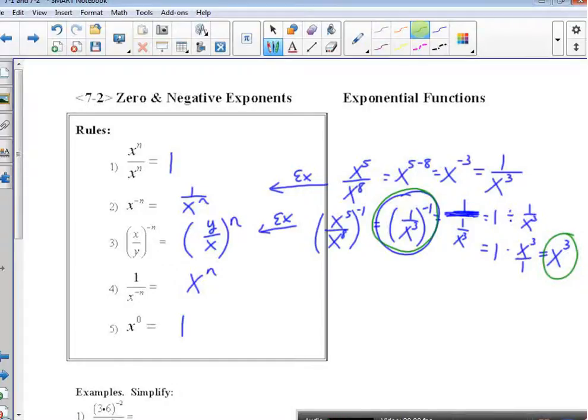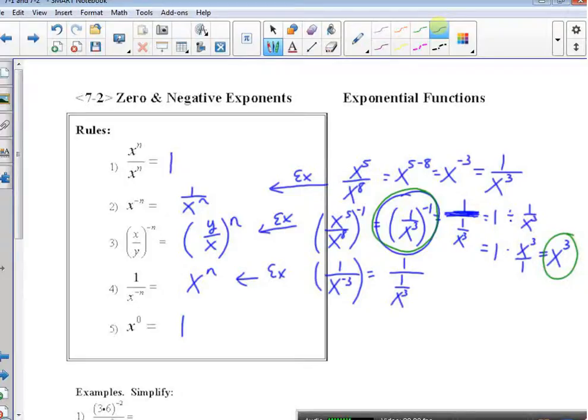positive. And if we take a look at an example for 1 over x to the negative n, so for example, 1 over x to the negative 3, that's kind of the same as 1 over x to the 3rd.